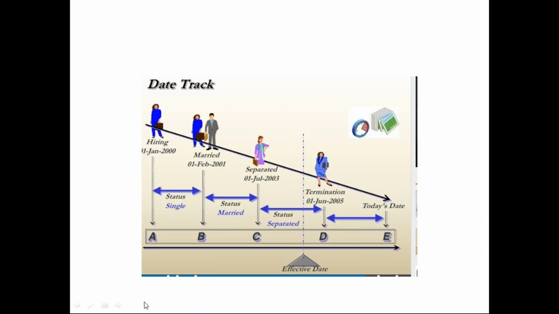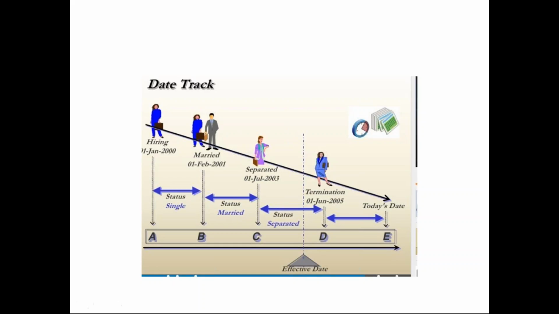In Oracle, how will it be? For example, an employee joined in January 2000. At that time he is single. In February 2001 he got married. Now, for example, we are in 2002, and we don't remember when he got married.